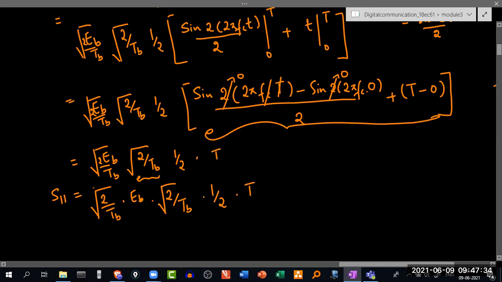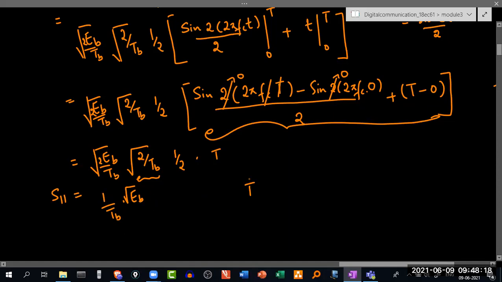Now I'm having the same term over here, so if I multiply these two quantities, I'll get a whole square, and the square and square root get cancelled. I'll be left with 2 times 2 by Tb, and in turn this 2 gets cancelled with that of this 2. So I can take out this 2 over here, and I'll be left with this sort of equation.